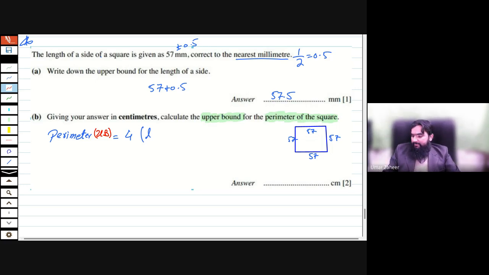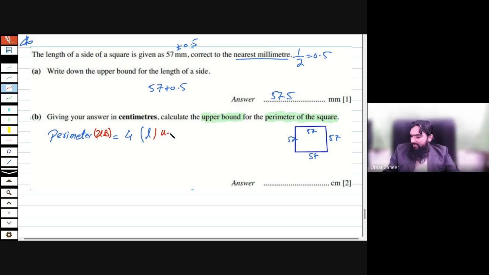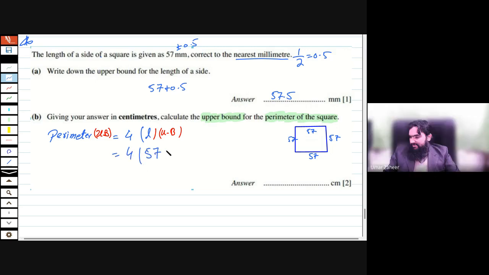Are we taking the upper bound of the length or the lower bound? The upper bound. Then when we get the answer, we can convert it to centimeters. 57 plus 0.5, we already found the upper bound, that is 57.5. Yes, please multiply them. 4 multiplied by 57.5.